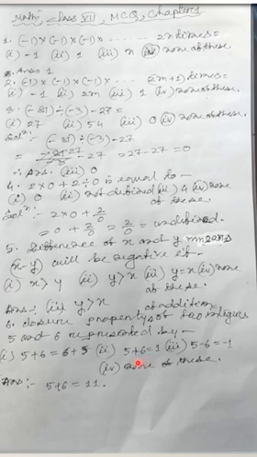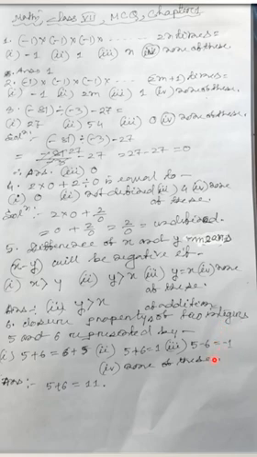And here 5 minus 6 equals minus 1. But you see, 5 is also an integer, 6 is also an integer, and minus 1 is also an integer.